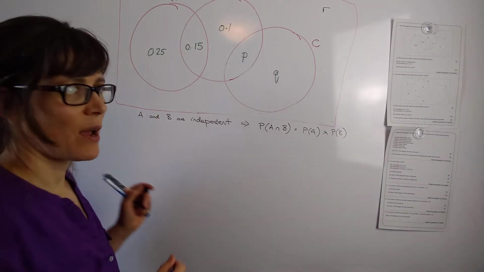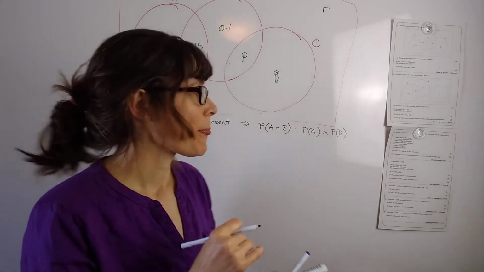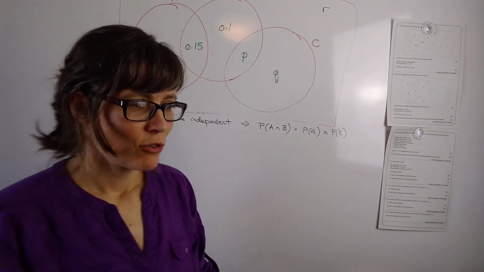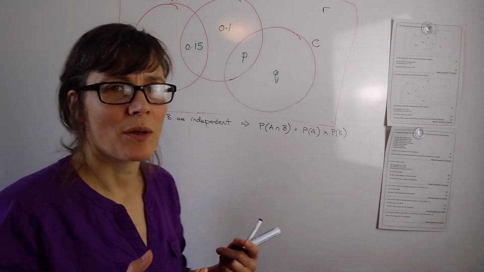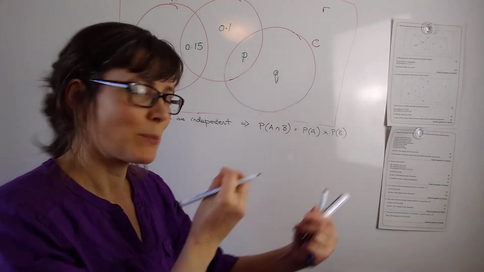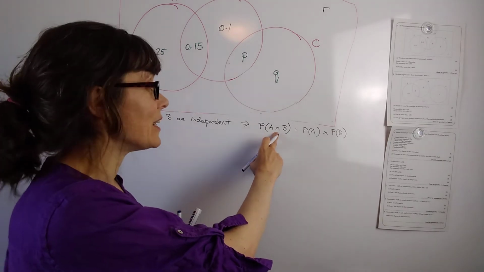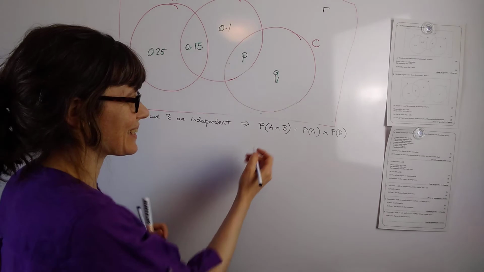So an example of that would be if I tossed a coin and rolled a dice. They are independent events. The outcome of one shouldn't affect the outcome of the other. So we've got 2 events and we can just multiply their probabilities to find the chance of a particular result. So this might be the chance of a head coming up and a 6 coming up.